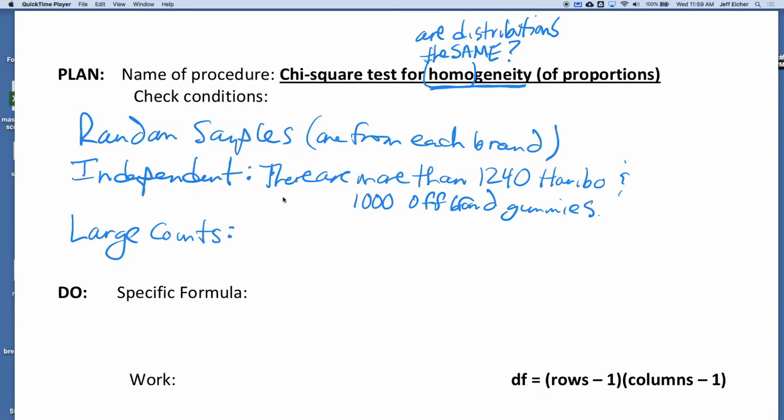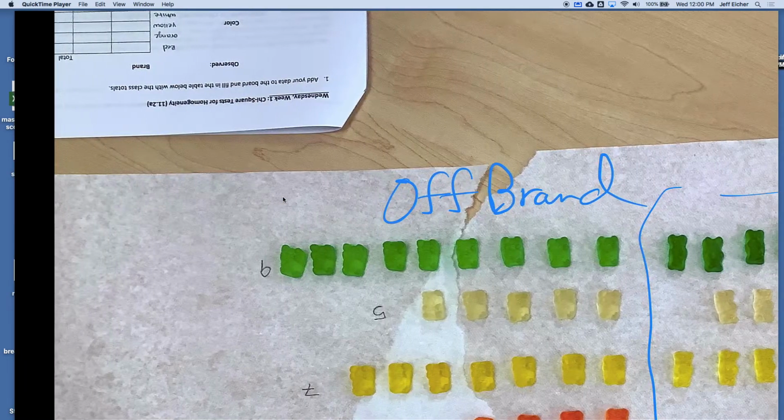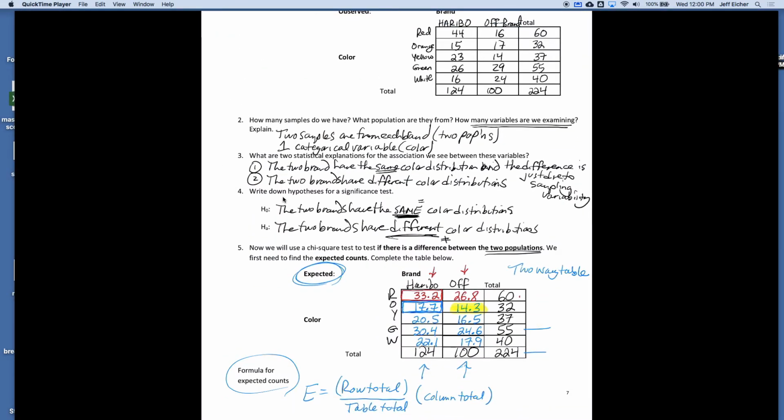So for the large counts, we would say the smallest expected count, did I say 14.5? Is that what it was? Yeah, I already forget. 14.3.